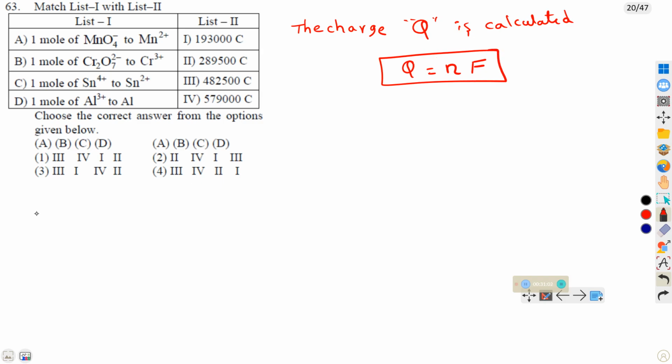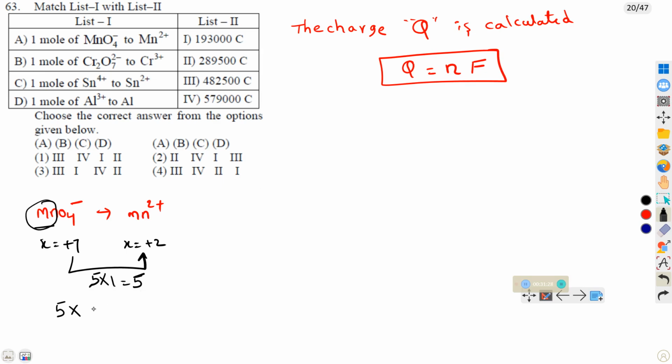MnO4 minus is converted to Mn2 plus. Manganese oxidation number in MnO4 minus is plus 7. Here plus 2. Oxidation number difference is 5. For the n factor, how many manganese atoms are present on the left side? 1 manganese atom. 5 into 1 is equal to 5. N factor value is 5.